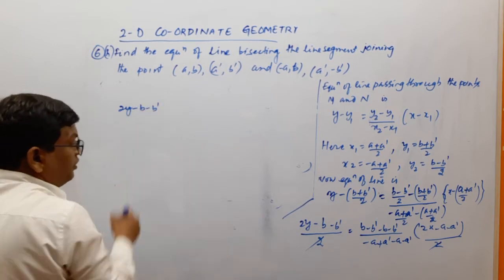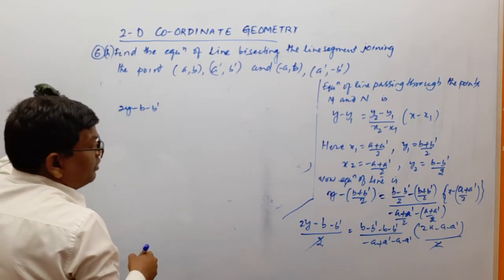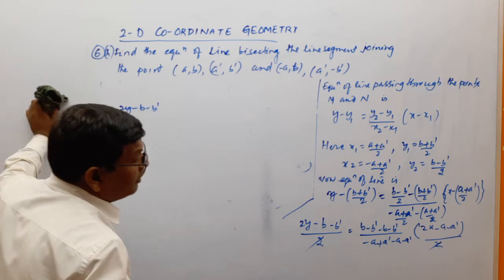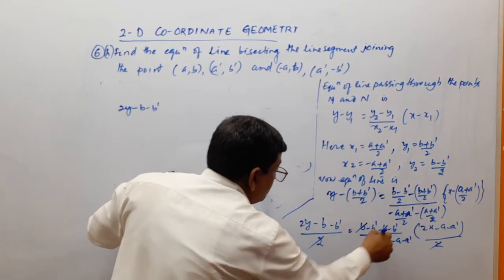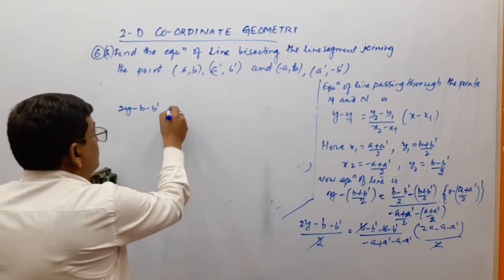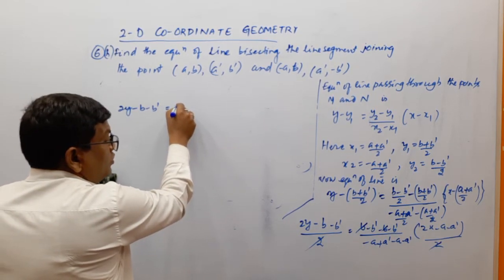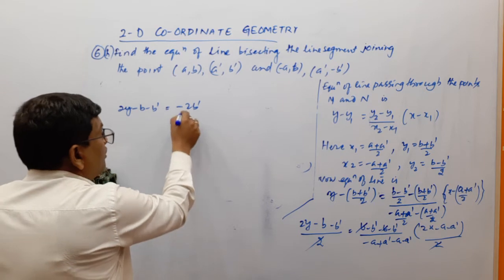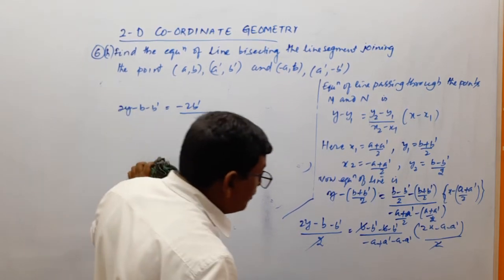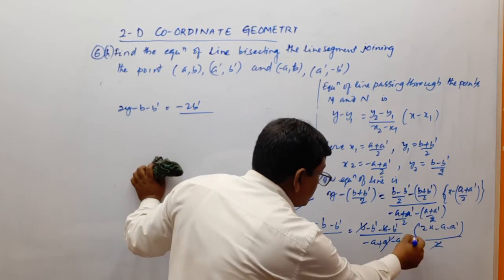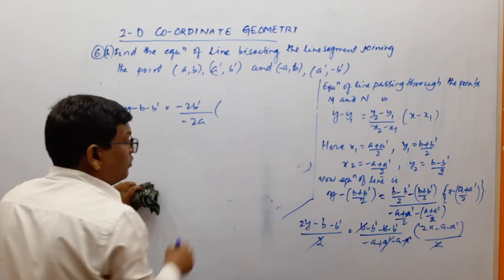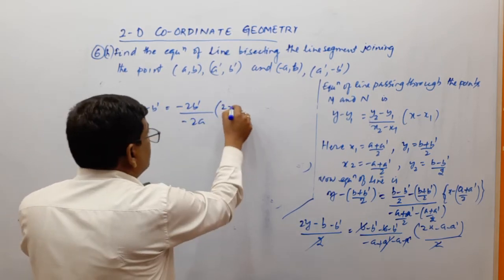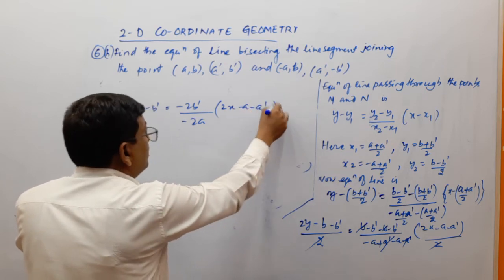b minus b dash is equal to, here plus b minus b cancel, so minus 2b dash divided by, here a dash minus a dash cancel, minus 2a, into 2x minus a dash.